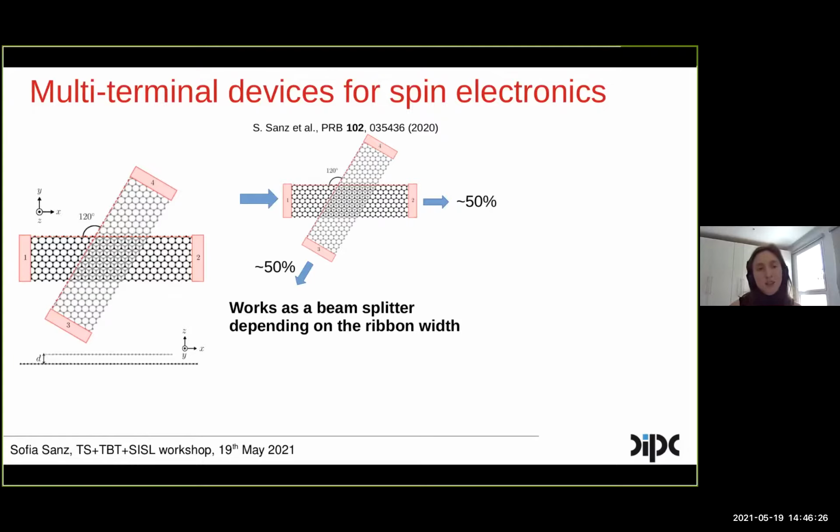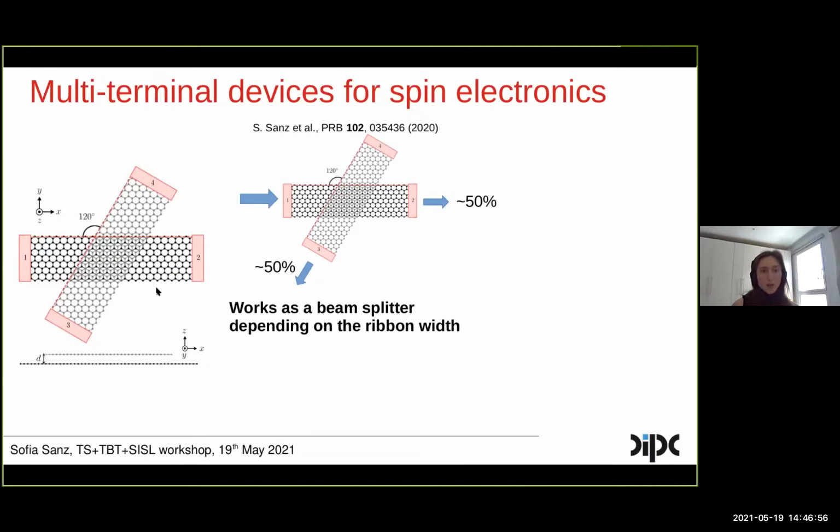A nice and interesting usage of our implementation to solve open quantum systems is the possibility to study multi-terminal devices. A line of research that we have been developing these past years is the study of 4-terminal devices that are formed by two graphene nanoribbons crossed with an intersecting angle of 60 degrees.